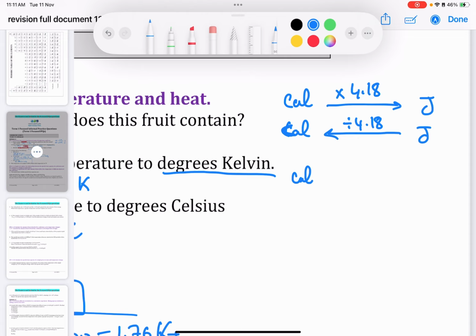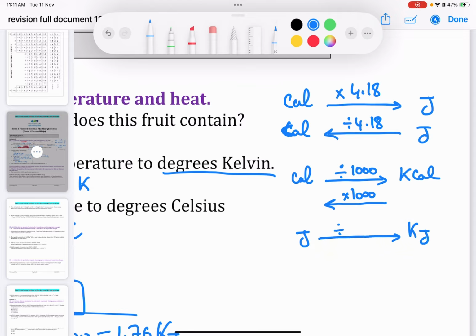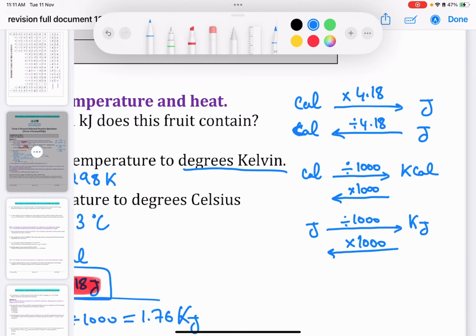If you are converting from calories to kilocalories, which is capital C Cal, you divide by 1,000. If you are converting from kilocalories to calories, you multiply by 1,000. Same thing, if you are going from joules to kilojoules, you divide by 1,000, and from kilojoules to joules, you multiply by 1,000.